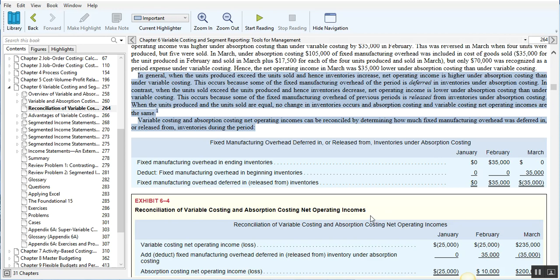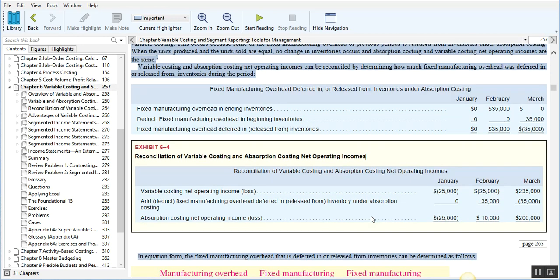Now, the reconciliation is shown here. So we look at the reconciliation of variable costing and absorption costing. We start with variable costing net income or loss. There's no difference between the two for January, so you have the same net loss in absorption costing. In February, what you're doing is adding fixed manufacturing overhead that's being deferred until March under the absorption method.